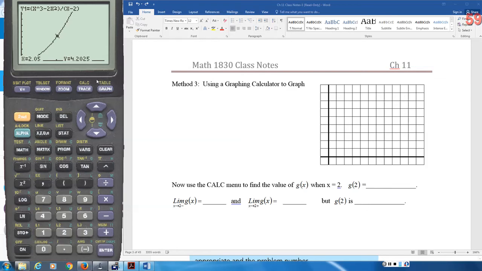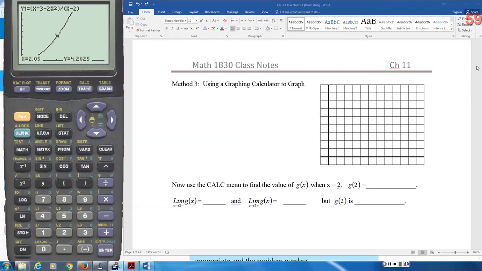But just before I fell in the hole, I was pretty close to 2. Now I could fiddle with the calculator window and get it to show you all the way down to like 1.99 and 2.01, okay? But that's not the point. You already saw that numerically. As you approach 2, even though the function g doesn't exist, there is no g of 2, as you approach 2, g of x approaches 4, okay?